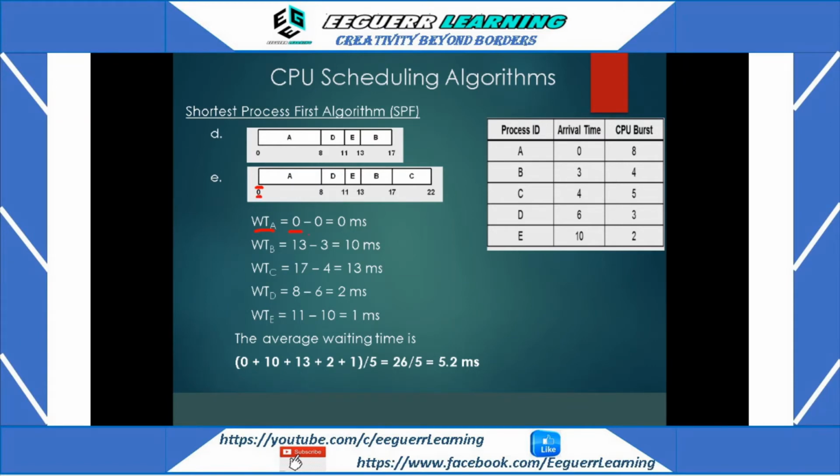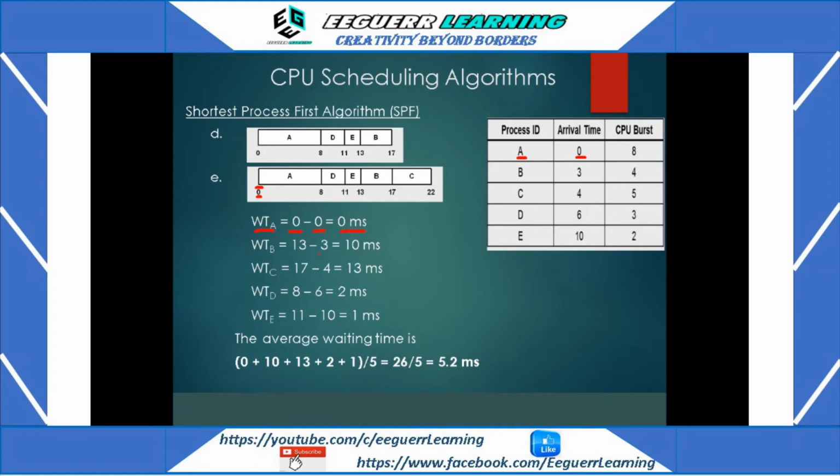And the next step is to look at the table, process A, and get the arrival time of 0 and place it here. And subtract 0 minus 0 will give us 0 milliseconds.